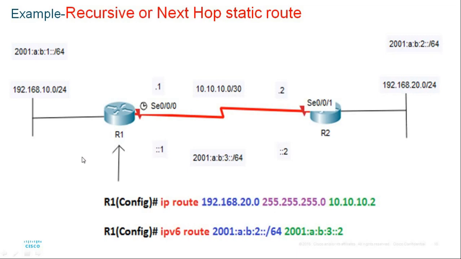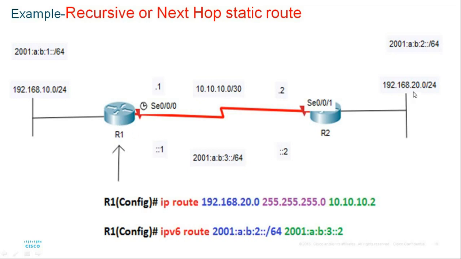In the last video, I discussed directly connected networks and remotely connected networks. The networks which are directly connected with a router are called directly connected networks. For R1, these are 192.168.10.0/24 and 10.10.10.0/30. So R1 contains two directly connected networks.